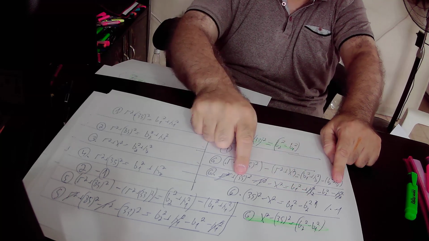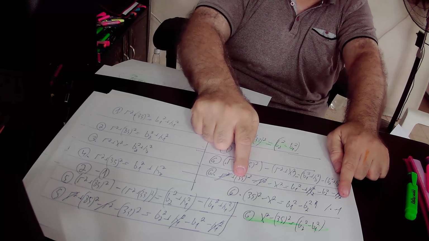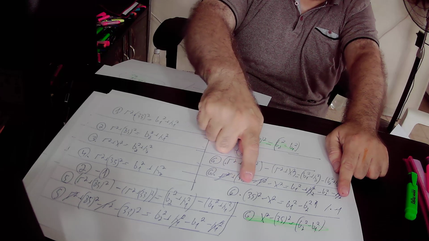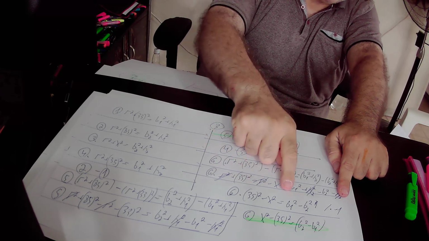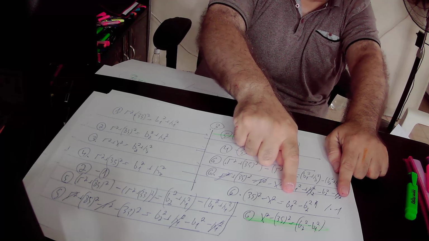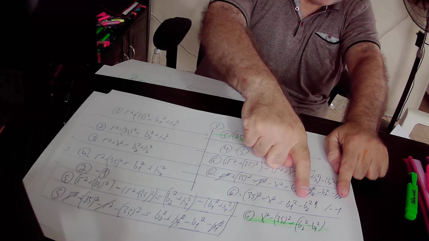Then we multiply this equation number 6 by minus 1. So here b1 square will become minus b1 square, and minus b2 square will become plus b2 square.